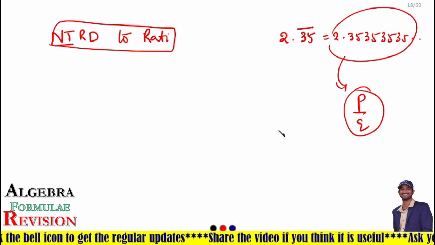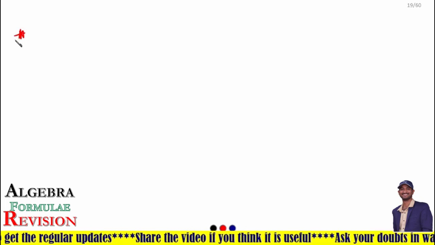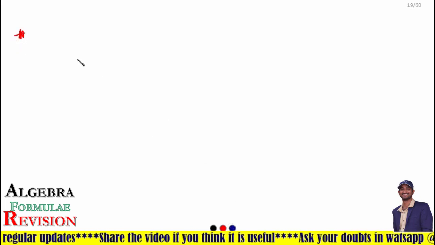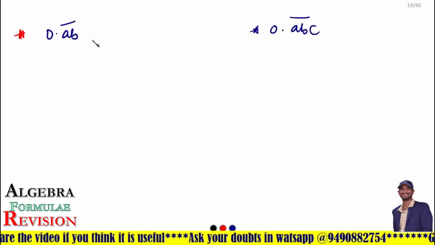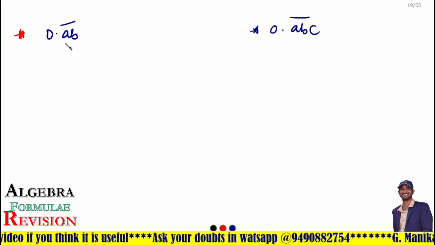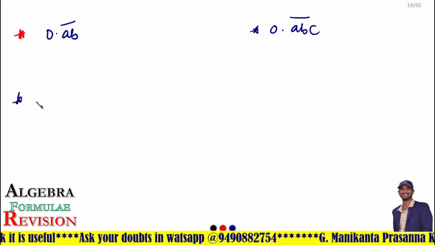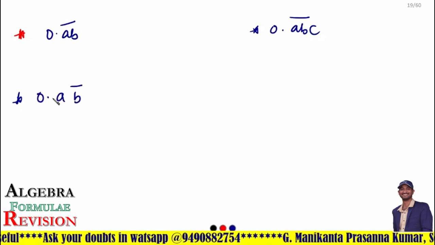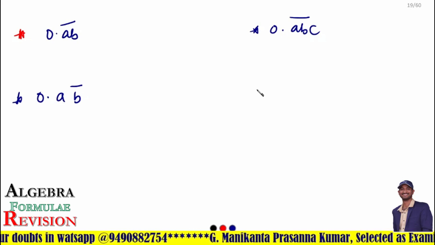I'll tell you some points on non-terminating recurring decimals, which are in the form of maybe 0.ab bar or 0.abc bar. That means after the decimal directly you have a bar. That is one thing. And the second thing is 0.a b bar, where after the decimal there is one number and after that we have a bar.